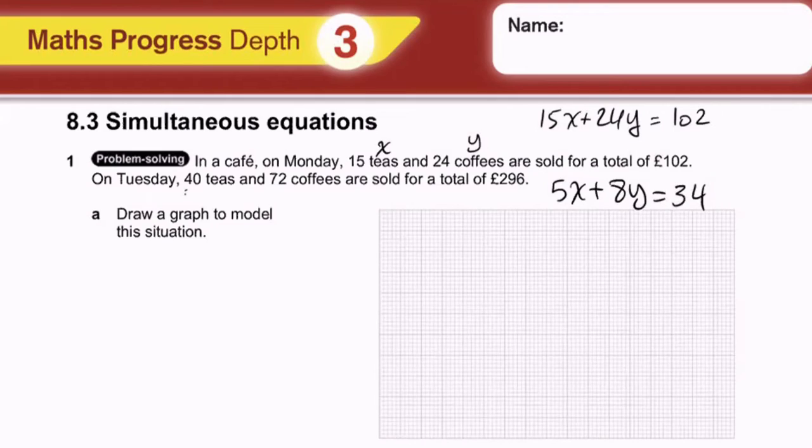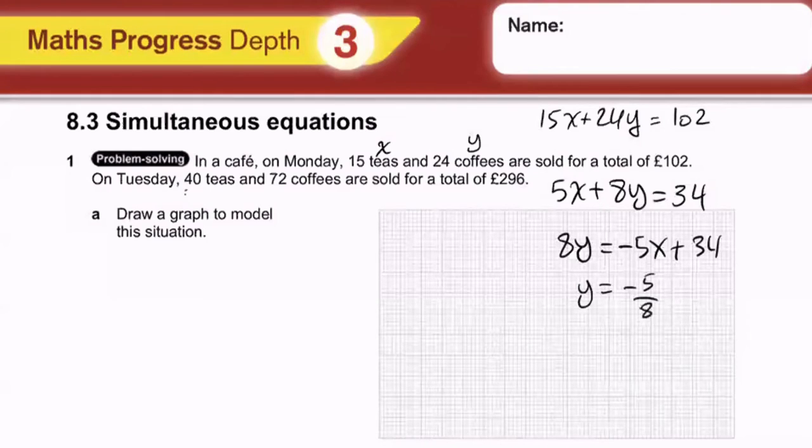So 8y equals negative 5x plus 34, divided by 8, y equals negative 5 over 8x plus 34 over 8. Okay, this is the first one.